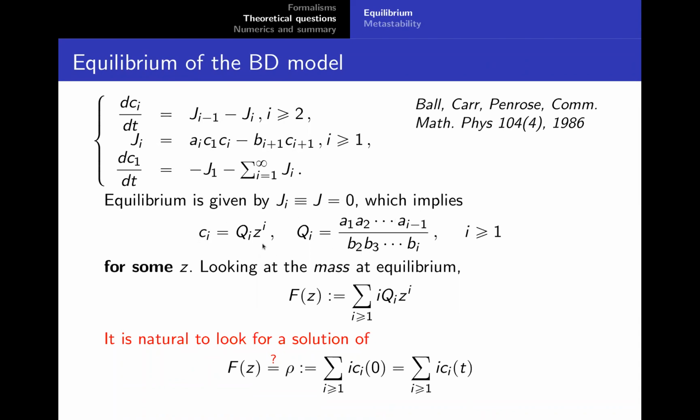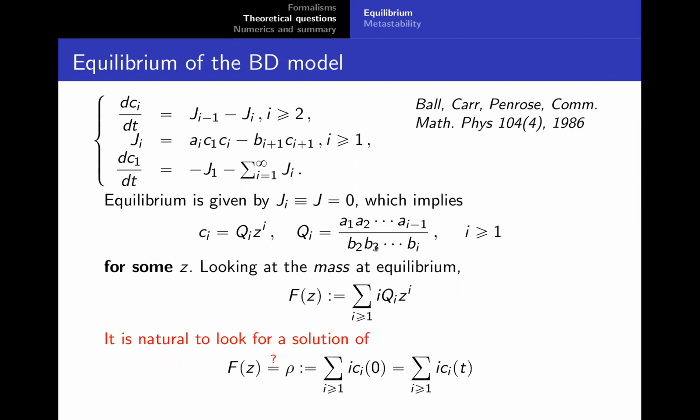They have to look like this. Q_i is a parameter, so it's a function of A and B. Z is free for now, we're going to see how we can fix it. And Z to the i. So that's a family of solutions indexed by Z. And you see here that C1 is still free because Q1 is 1, so actually C1 is Z. Knowing Z is knowing C1, and if you know C1, you know all of the C_i at equilibrium.